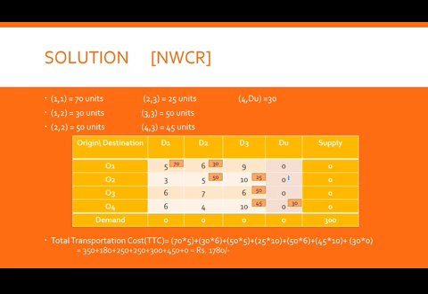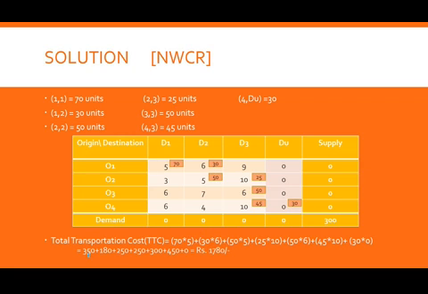Now the next job is calculating the transportation cost. The transportation cost will be 70 into 5 plus 30 into 6 plus 50 into 5 plus 25 into 10 plus 50 into 6 plus 45 into 10 plus 30 into 0.